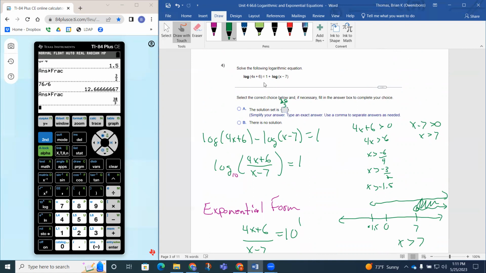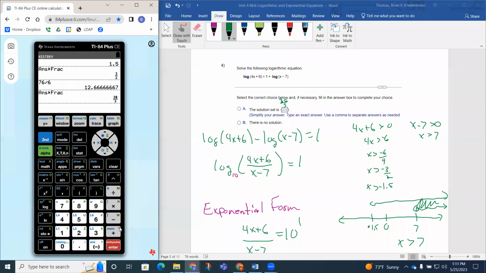So if we wanted to check this, we could substitute 38 thirds into the problem and see if it really does work. So the log of 4 times, again, I could come up here and paste this in. Well, let's just do the 38 thirds. It looks like too much complication. Let's just paste that in there. Close parenthesis. Oh, we got to add a 6.